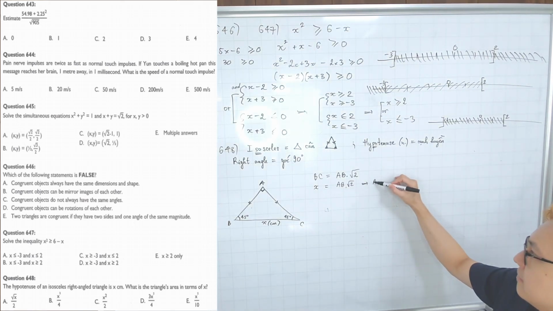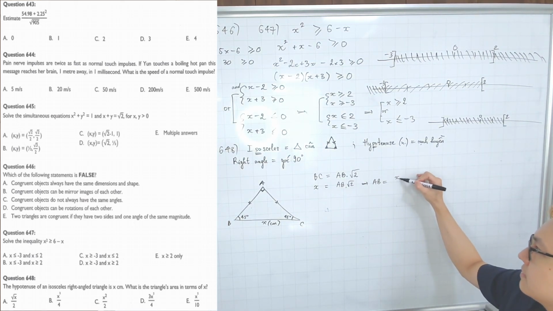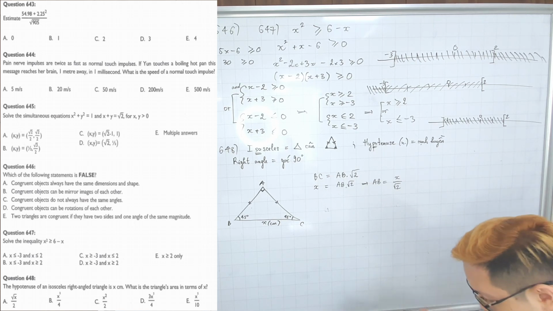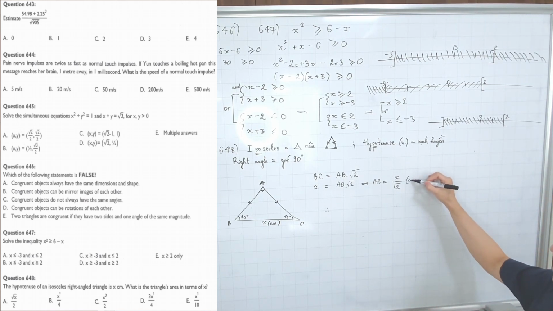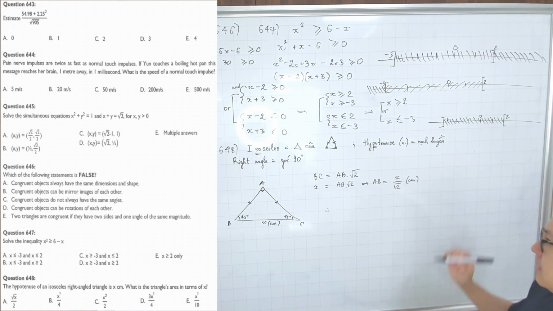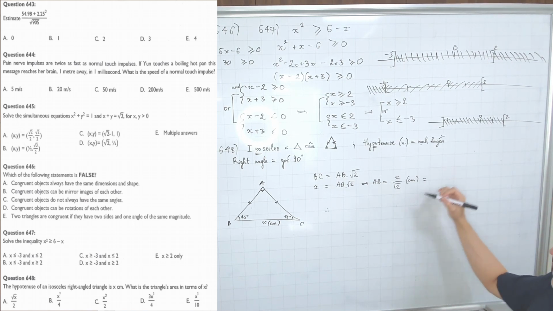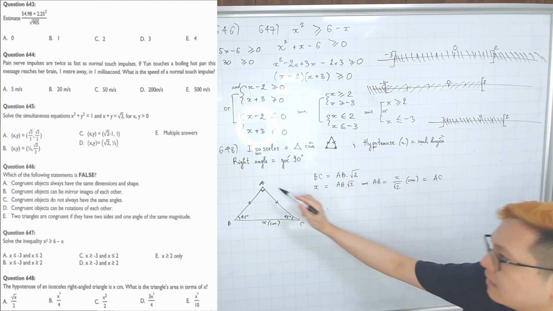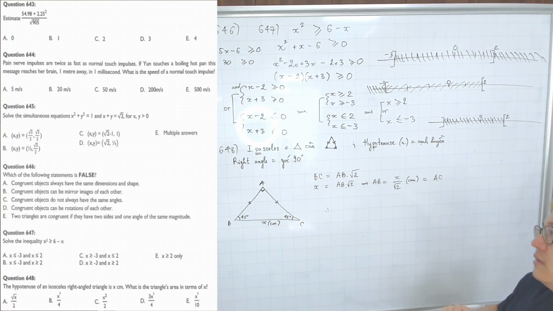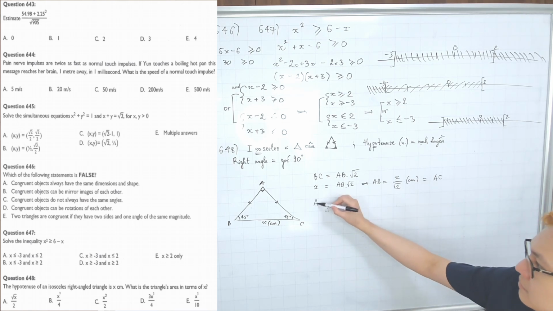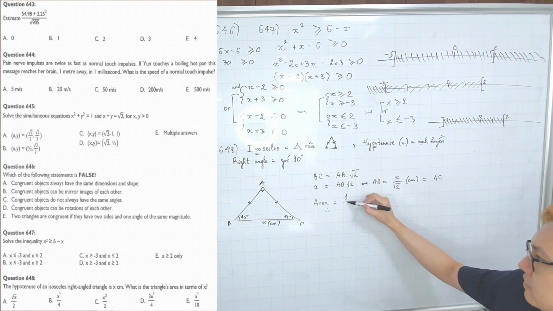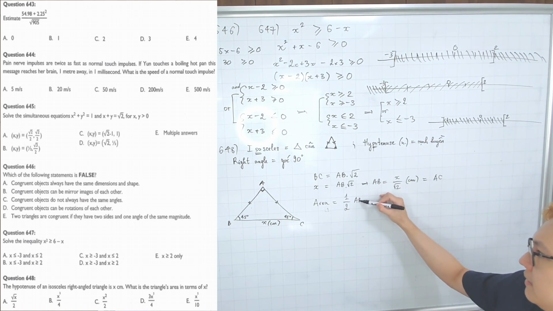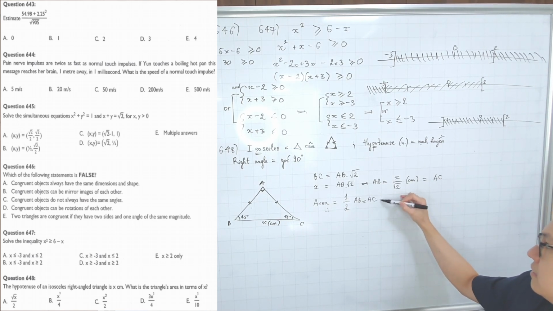So it means AB is equal to x divided by square root of 2 centimeter. But AB is also equal to AC because this is an isosceles triangle. Area is actually equal to half of AB times AC.